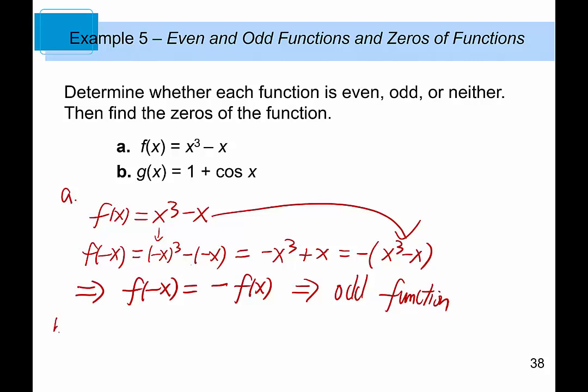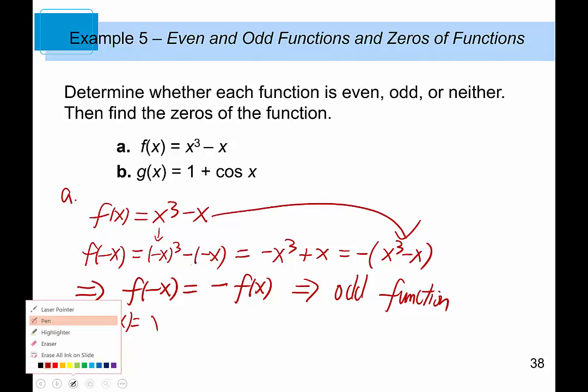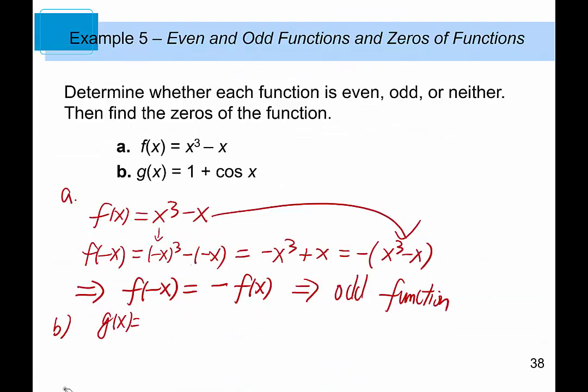For b, we have g of x equals 1 plus cosine x. Now we replace x with negative x to find g of negative x.